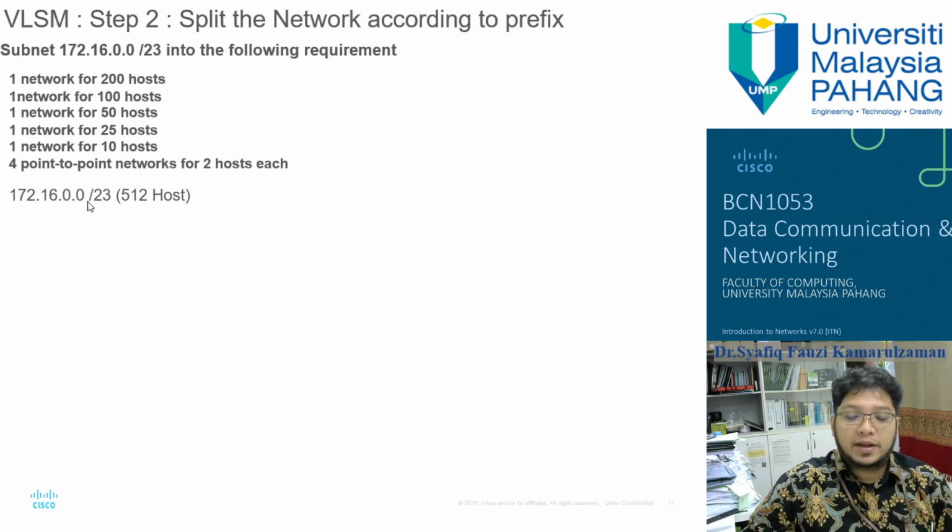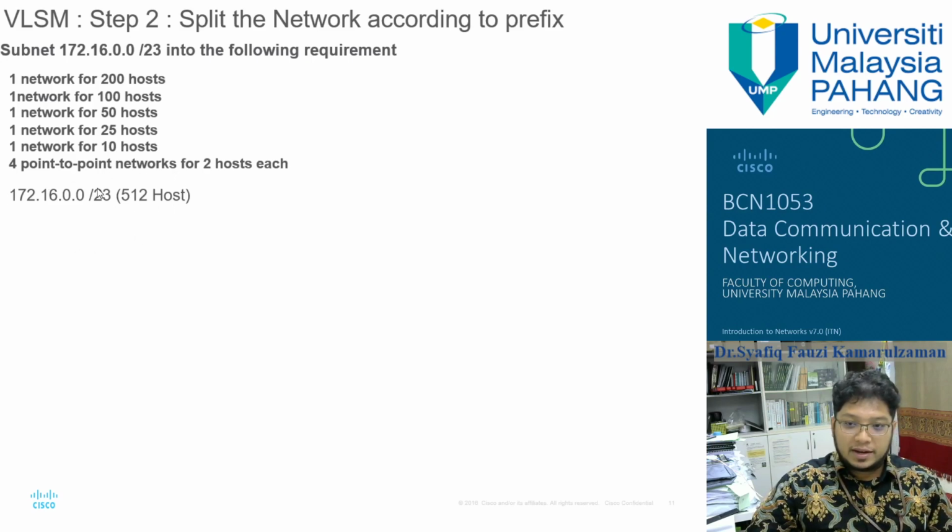Since we are going to split this network, let's take a look at the value here and the prefix. You have /23, which gives you 512 addresses. If you want to split it in half, you just increase the prefix by 1.